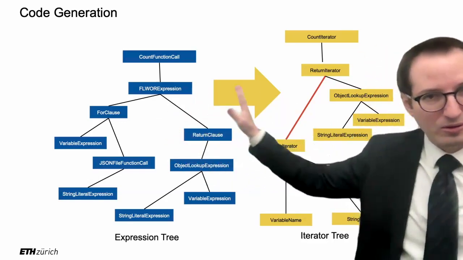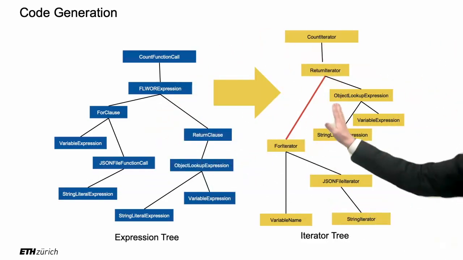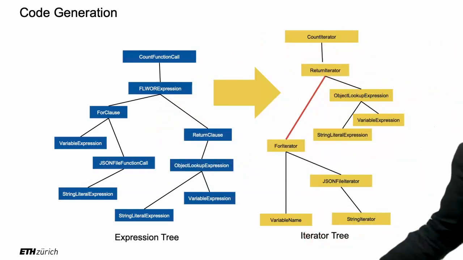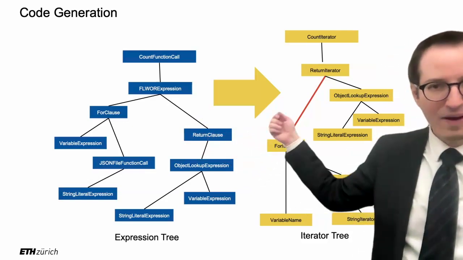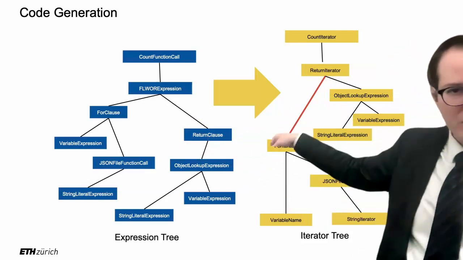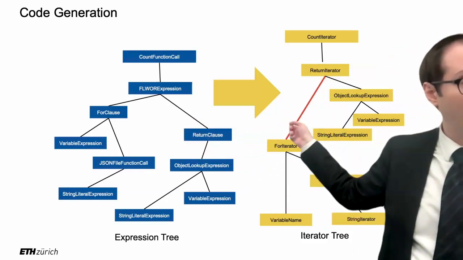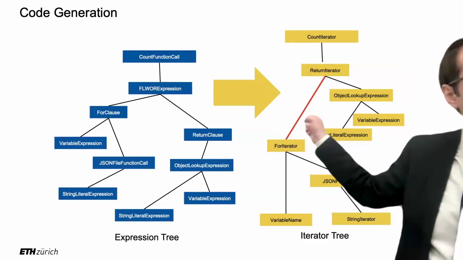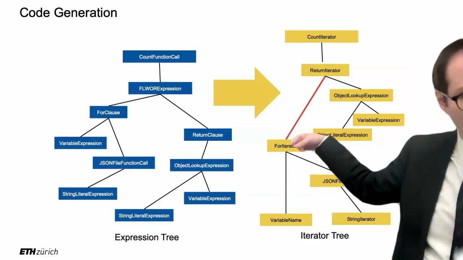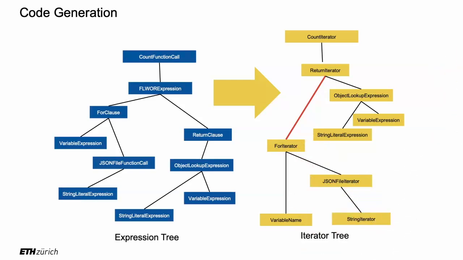Again, it's a visitor. You use a visitor, and the visitor is going to output a runtime iterator tree. It looks very similar in structure. This is why we use the visitor, except that these iterators are not just an abstract mathematical representation. They actually contain the execution code that is able to compute all the results of the queries.